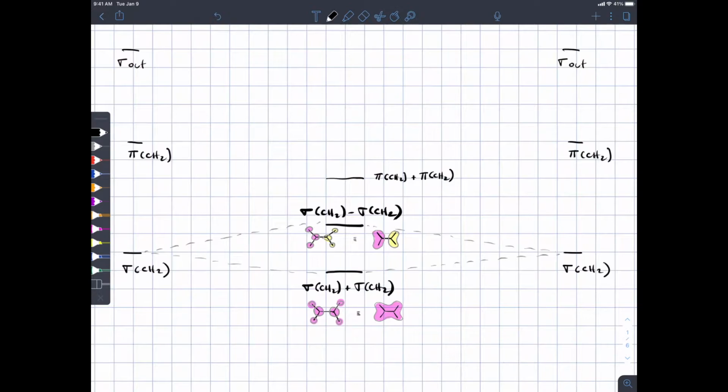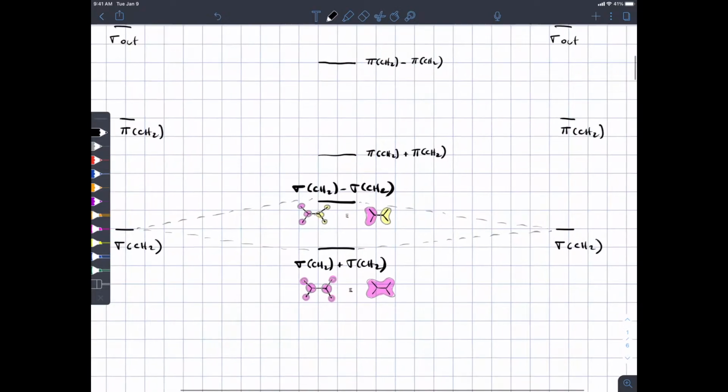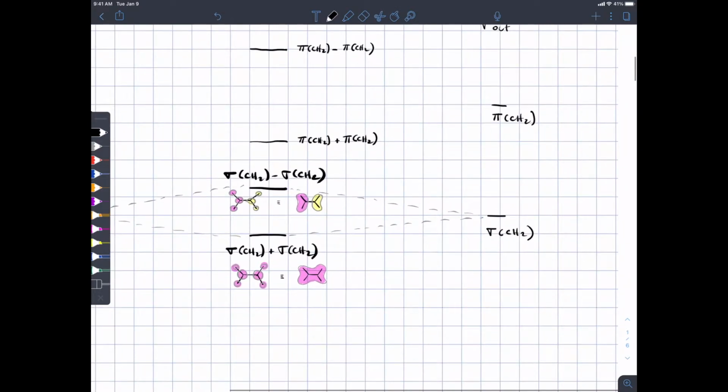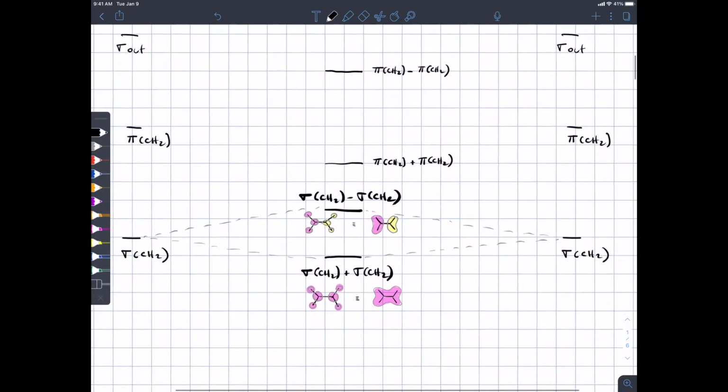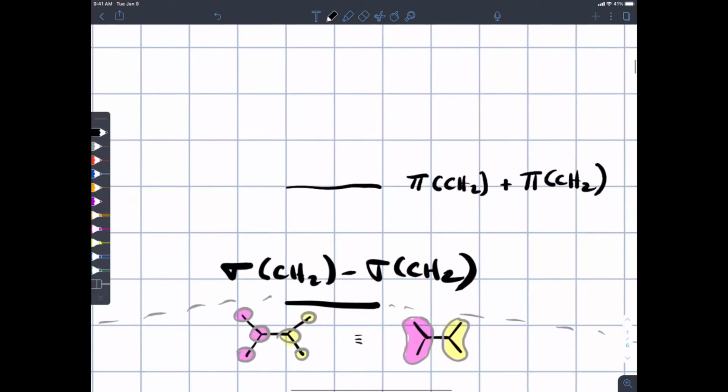And then we also expect to have the minus combination here, pi CH2 minus pi CH2. And remembering what the pi CH2 orbital looks like, we can now draw the new molecular orbital.